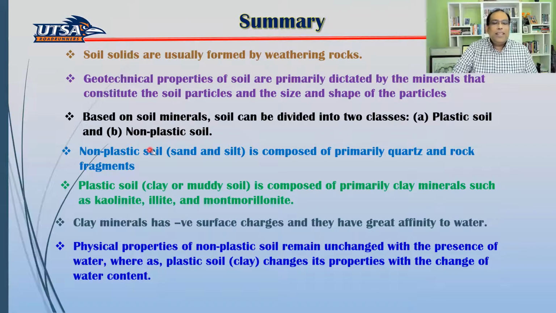Non-plastic soil, which is basically sand and silt, is composed primarily of quartz and rock fragments. They don't have any clay minerals. On the other hand, plastic soil, which is clay or muddy soil, is composed primarily of clay minerals such as kaolinite, illite, and montmorillonite.